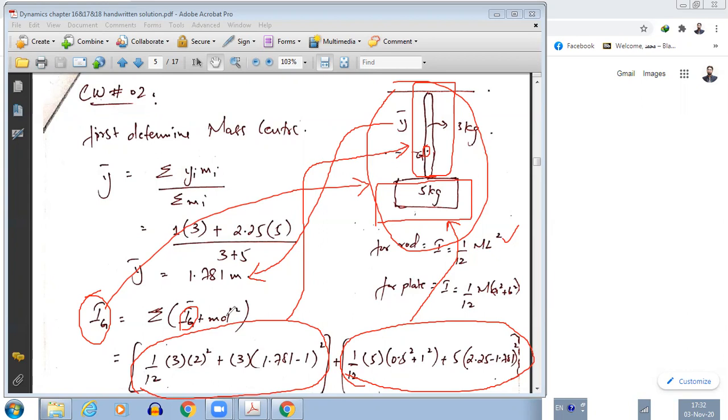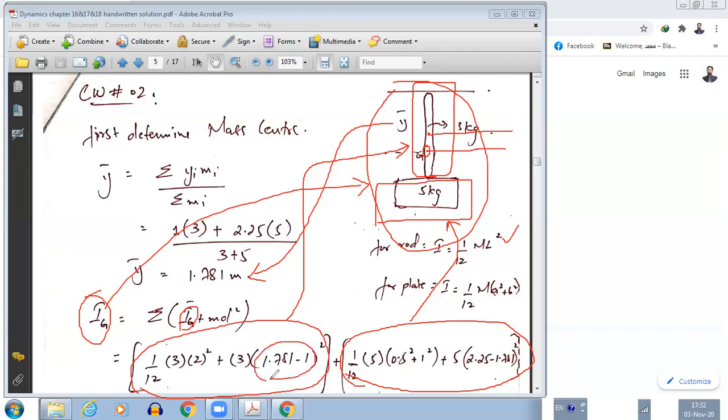Now d is what? The perpendicular distance from the center of the rod to the center point G. The center of the rod is half. This is 1.781 from this reference, so it will be 1.781 minus 1. Do you understand this?